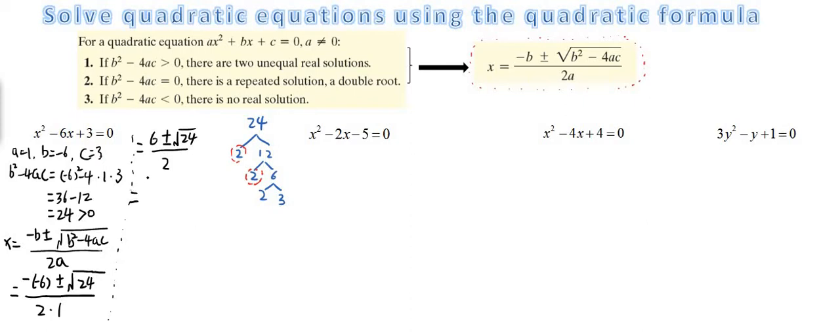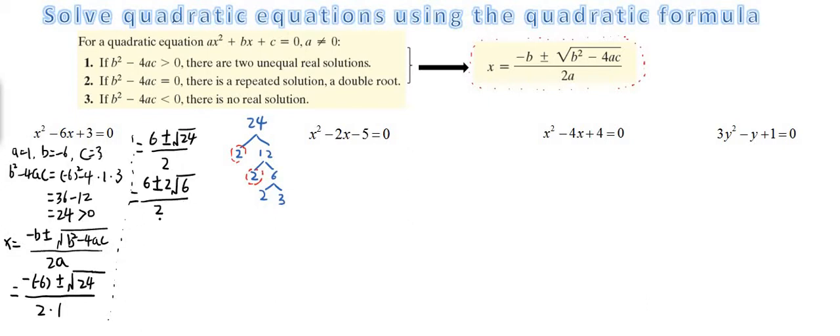So we have 6 plus or minus, put one 2 out of the square root, and the left one is going to be 2 times 3, that is 6, divided by 2.